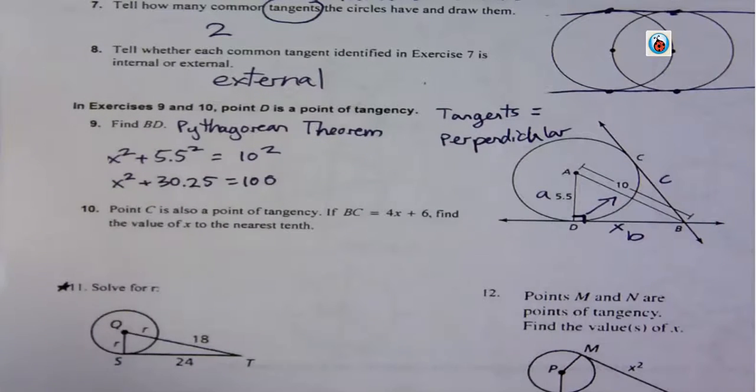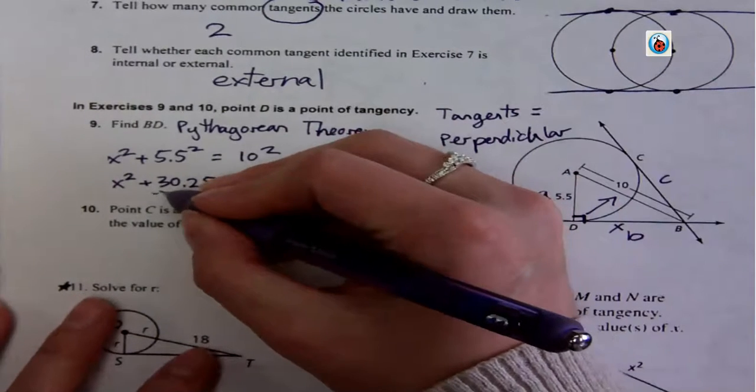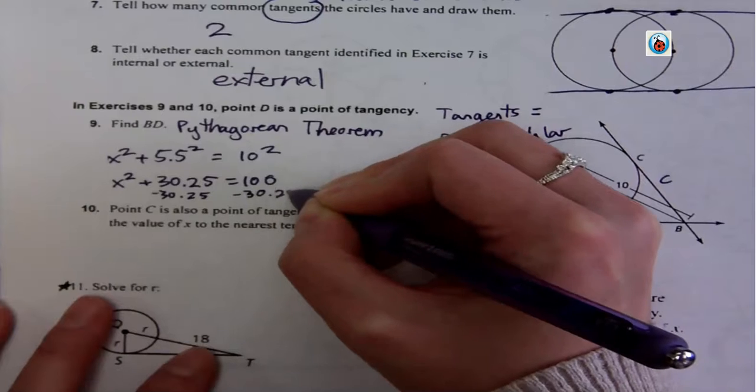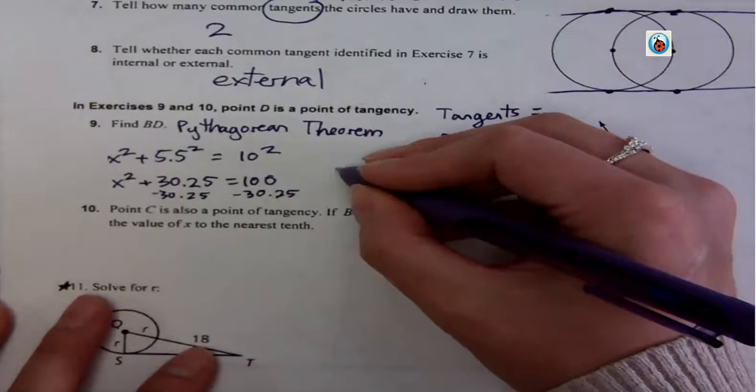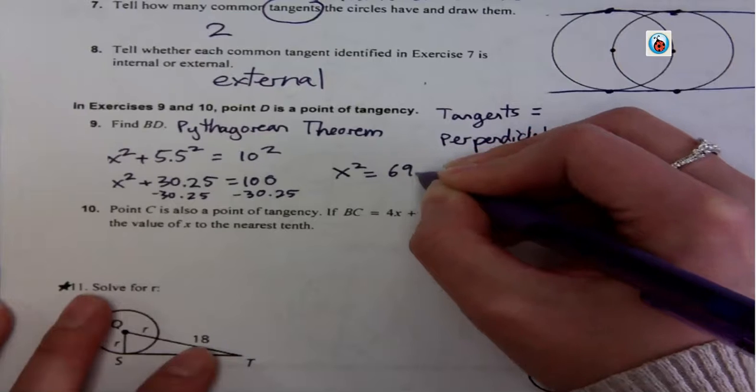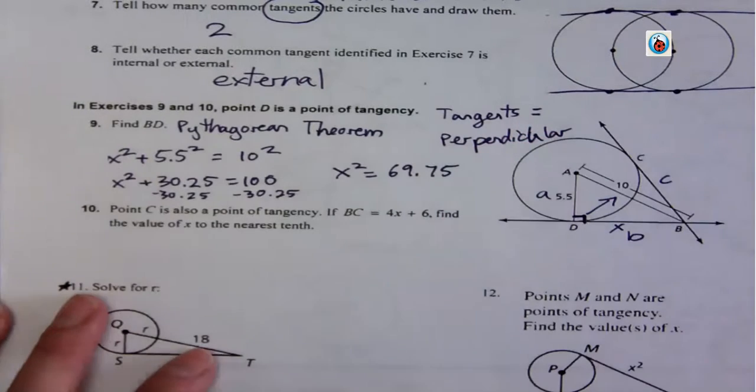I subtract the 30.25, and that leaves me with x squared equals 69.75.